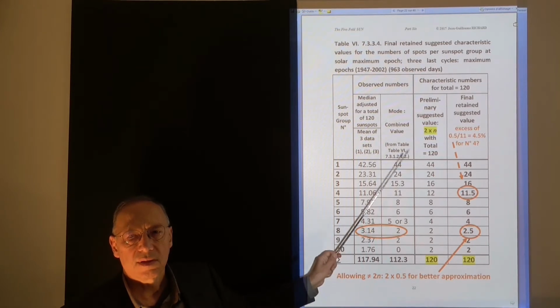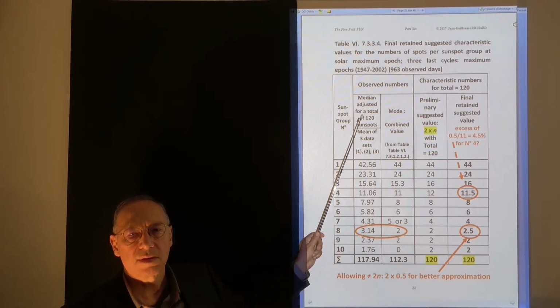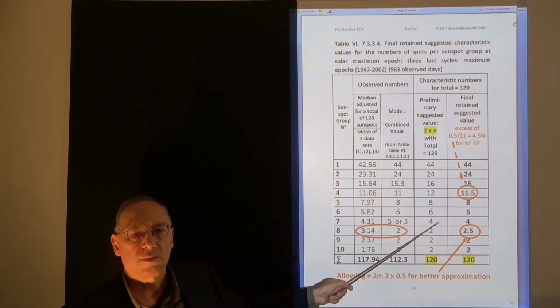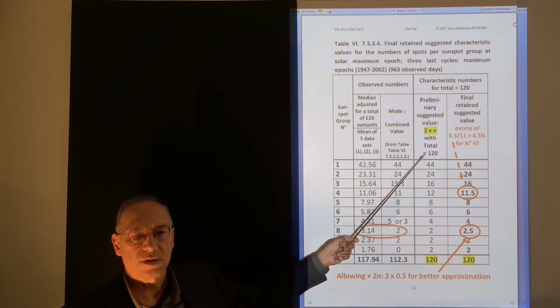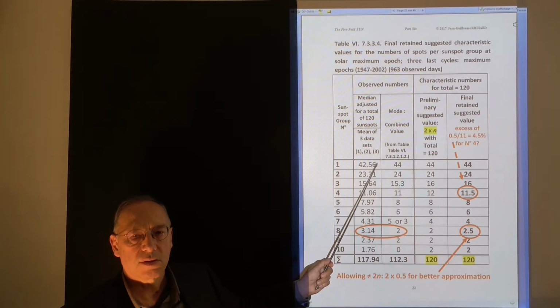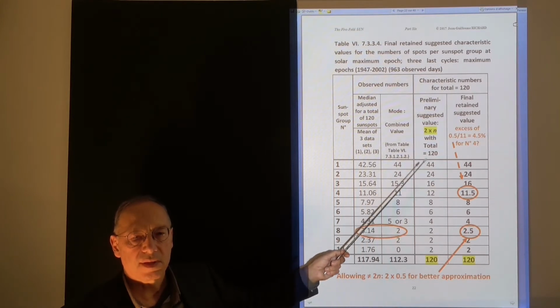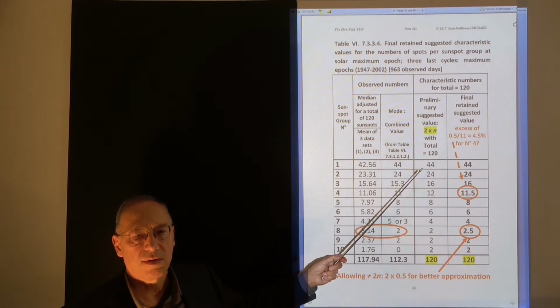You see here this comparison. This is the median and this is the mode. We can, as a preliminary suggestion, try to approach a combination or an average of these 2 values and have the prerequisite that the number is a multiple of 2, so as to arrive at an integral number of bipoles.